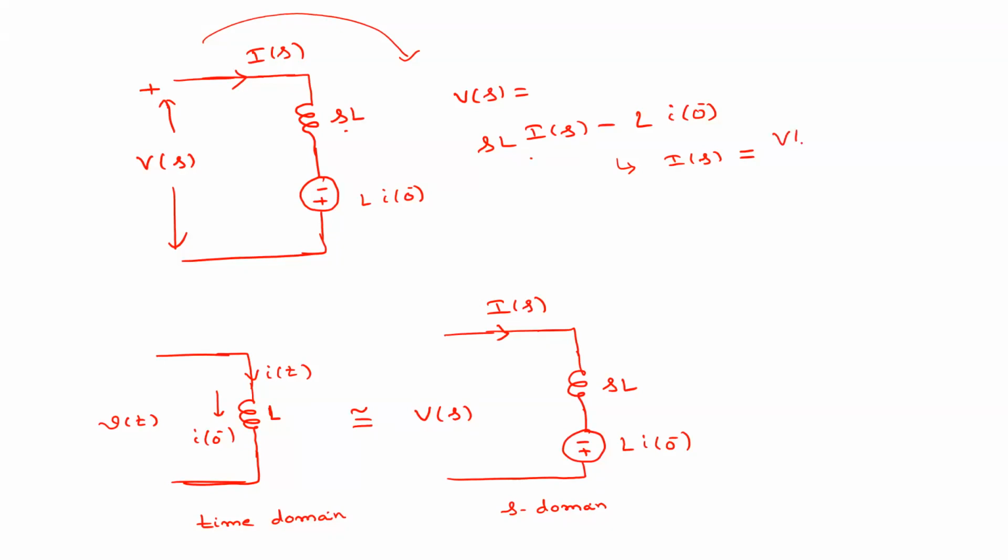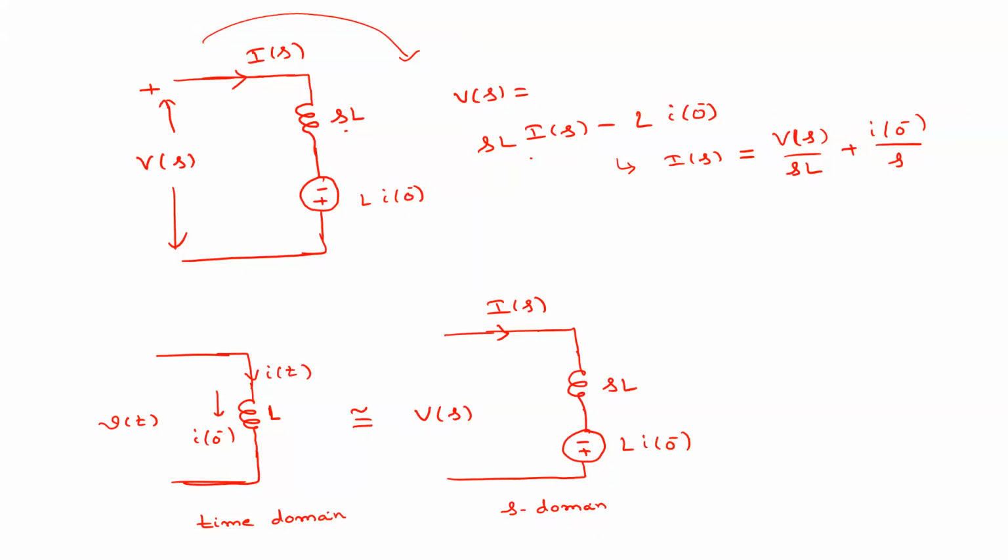So it will be V of s by sL plus I of 0 minus by, what you will get here? L gets cancelled, right? You will get s. Is this correct? I of s equal to V of s by sL plus I of 0 by s.